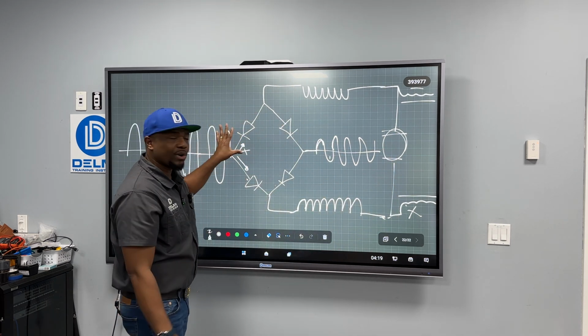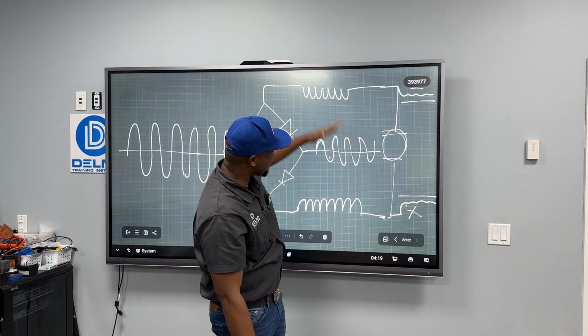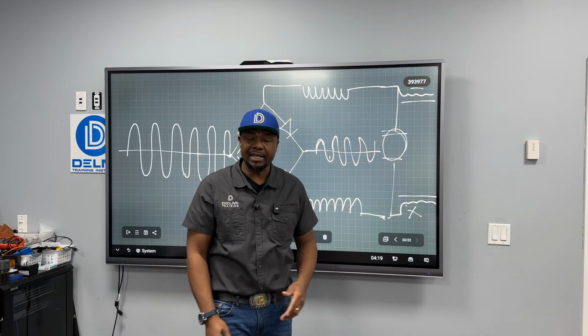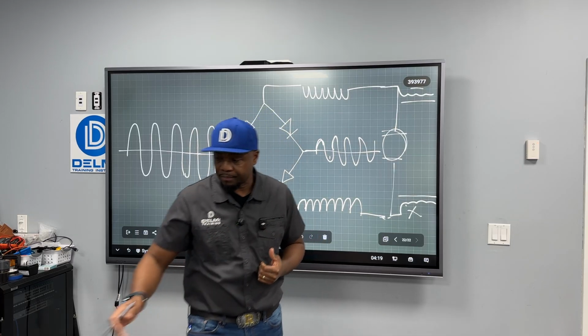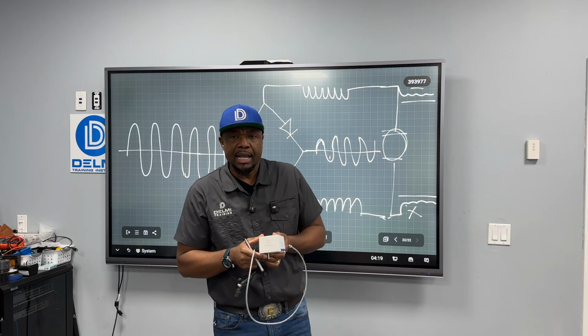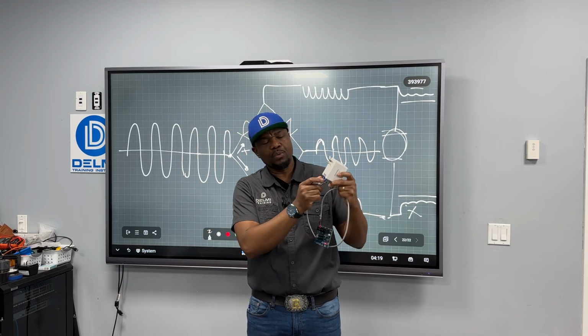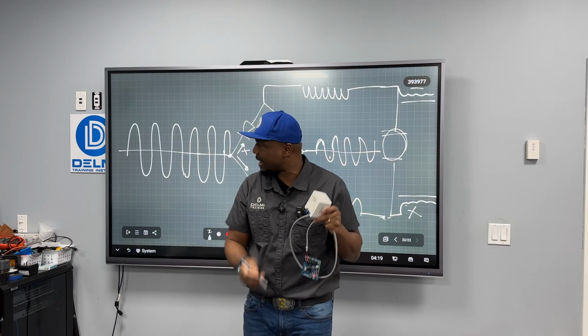By connecting 4 diodes together in a bridge to filter the wave, the positive and the negative wave cycles that are coming out from this transformer. And definitely, remember that I said we have the primary side, which is 110 volts, and we have the secondary, that is 16.5.